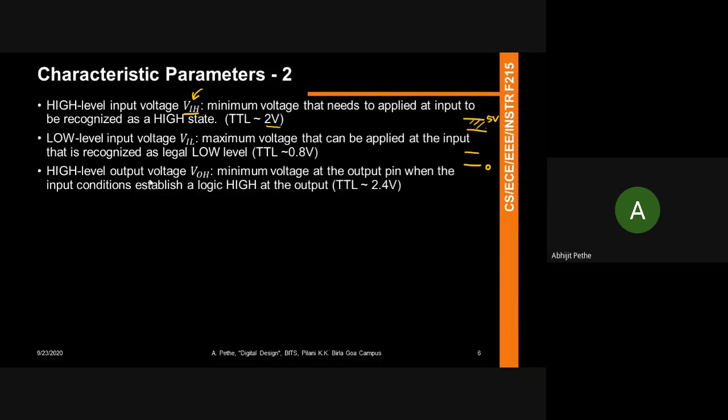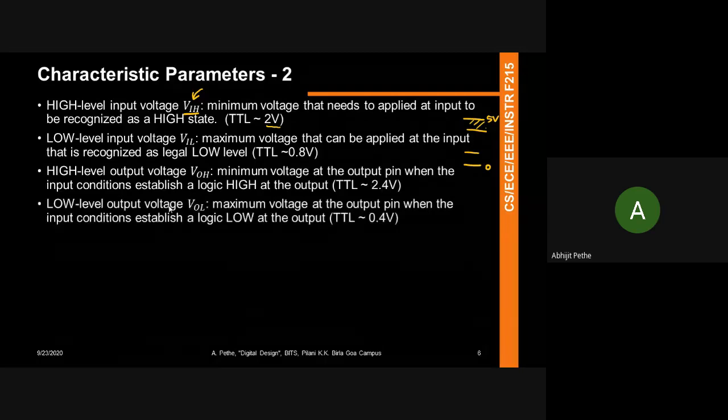Generally, in TTL logic, VOH is around 2.4 volts. Similarly, VOL, which is the maximum value of the output you can allow for it to be low, is roughly 0.4 volts. So you see this mismatch between input and output in TTL, where input voltages between 2 and 5 are treated as high, but output voltages only between 2.4 and 5 are treated as high.